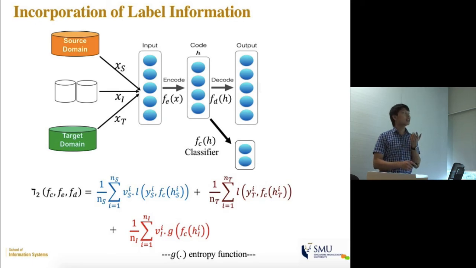Because the hidden representation is the same for the source data and target data. So if it is useful for improving the performance of the target task, then you can have a common classifier to minimize the classification error in both the source domain and the target domain.